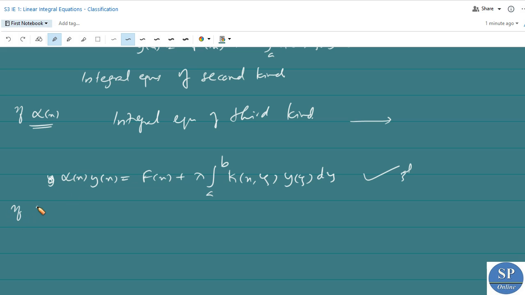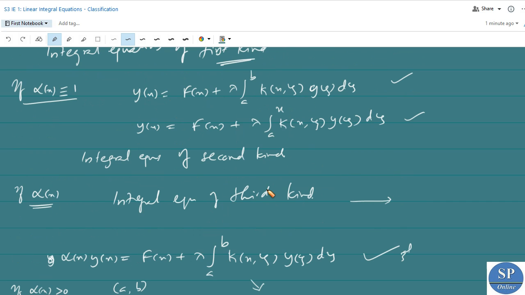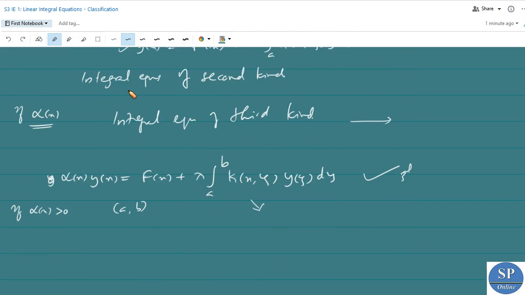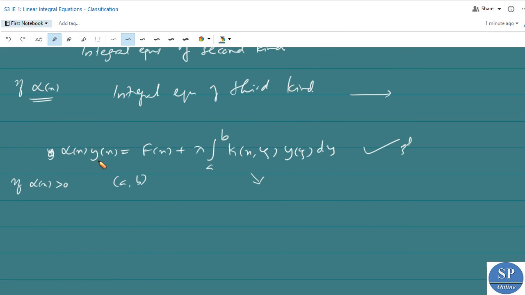Now if alpha of x is greater than 0 throughout the interval ab, then we can convert the equation of third kind into an equation of second kind. We know the equation of second kind has this form, y of x equal to this. Here we have alpha of x into y of x.